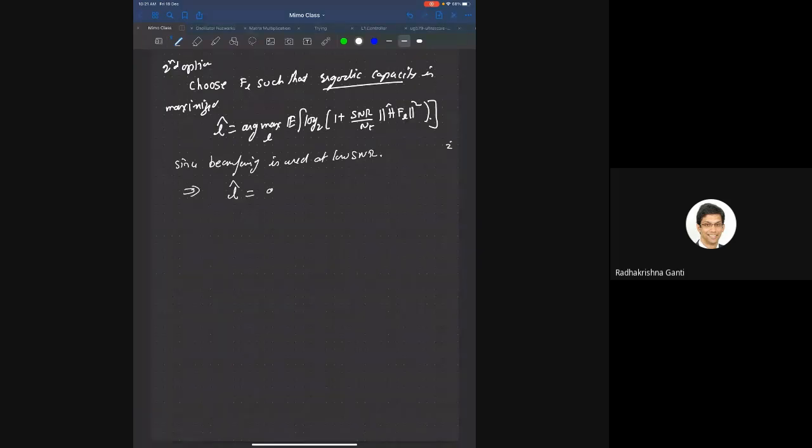This implies argmax of the expected value of the norm of H FL whole square. You understood?